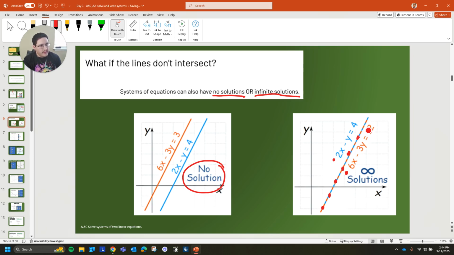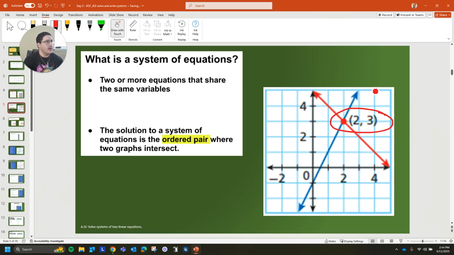They are crossing, and so we can list all those points indefinitely. So there are three scenarios: no solution, infinite solutions, and one solution. Three different scenarios for solutions with systems of equations.